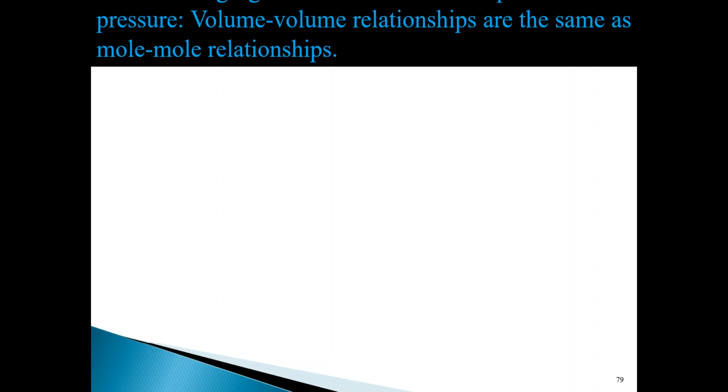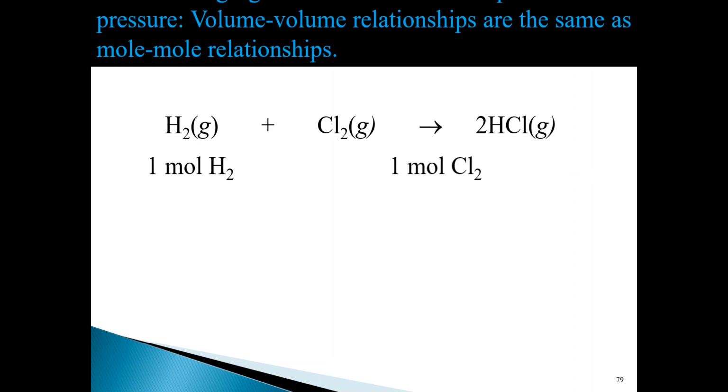And therefore, if you have the balanced equation, then that makes life very easy in terms of doing problems involving volume relationships. So for example, if you have this reaction here, which is basically made up of all gases, products and reactants, right? Hydrogen plus chlorine gives you hydrogen chloride. You see that the ratio between them in terms of moles is 1 to 1 to 2 respectively.